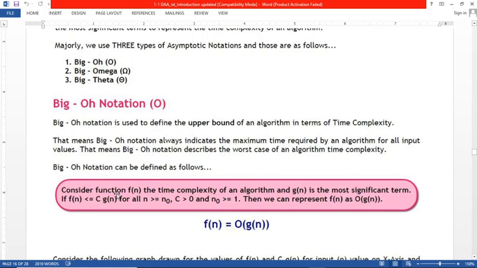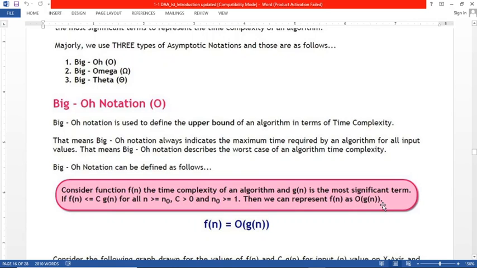How will you represent this mathematically? f of n should be less than or equal to c times g of n, where c is a constant, for all n, where c should be greater than 0 and n naught should be greater than or equal to 1. Then we can represent f of n as big O of g of n.